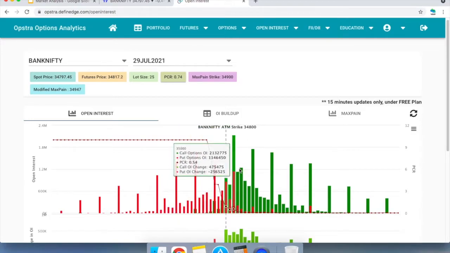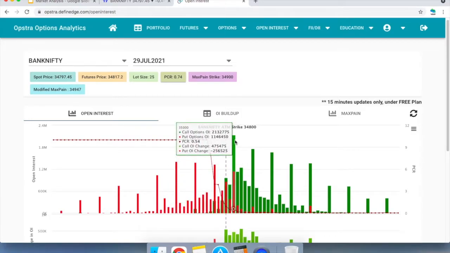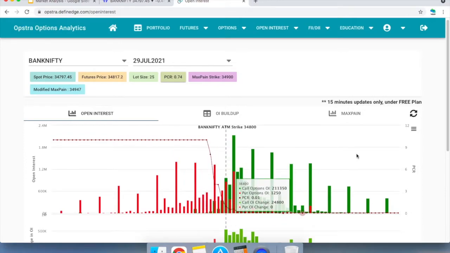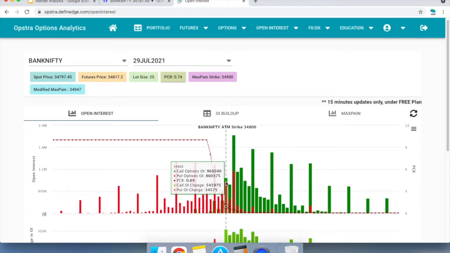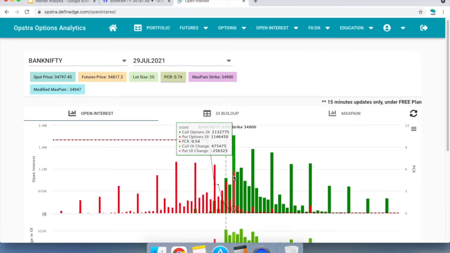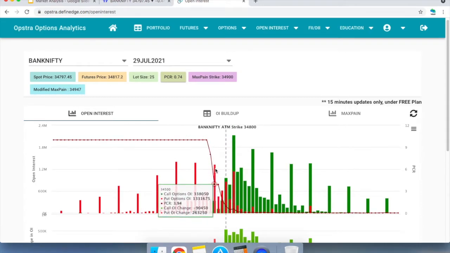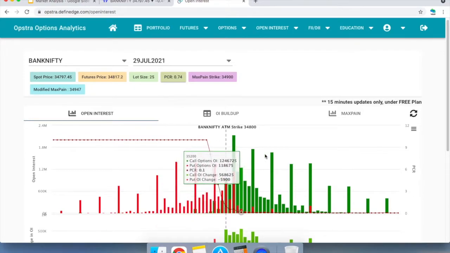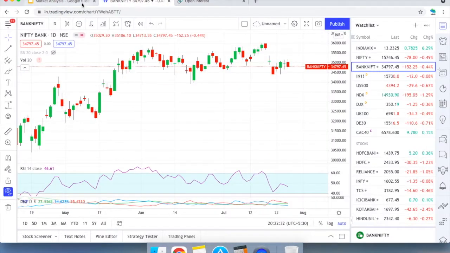But the big fight is going to happen at the major resistance of 35,000, right? So right now it has given up that, and it is at 34,800 levels. It may attempt to conquer this 35,000, otherwise it would be losing the 34,500, and that is the open interest data that is showing us right now.